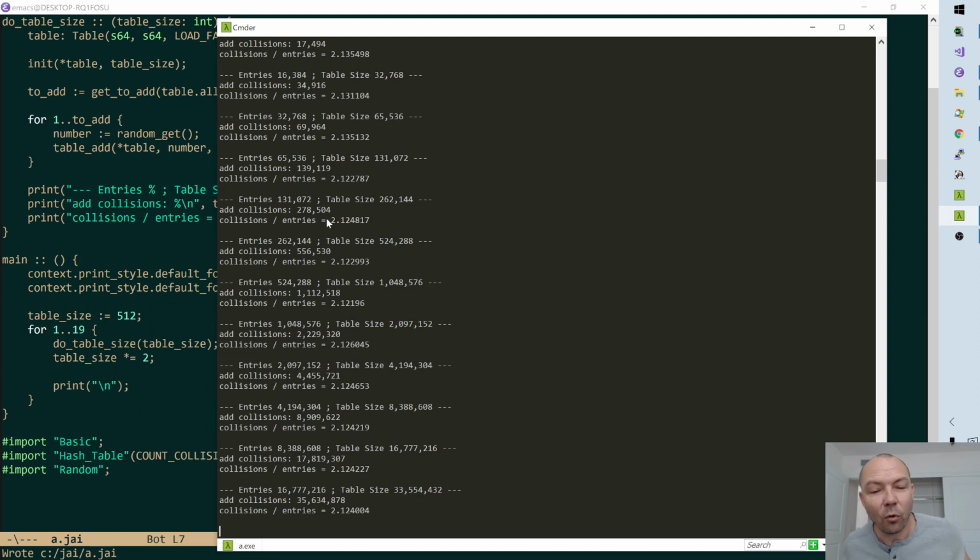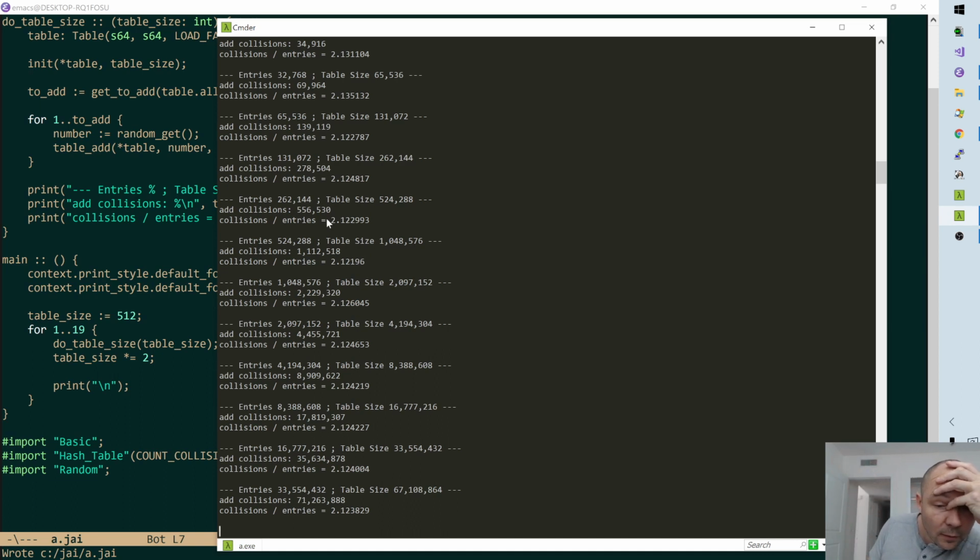Now I am so confused, guys. What is even happening? How are we getting more collisions with a less occupied table? This is banana cakes. Is that a bug? What's happening?